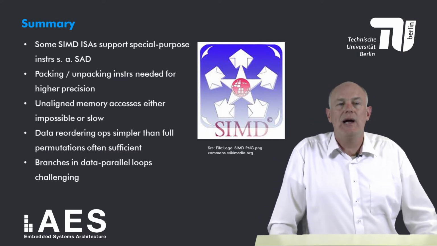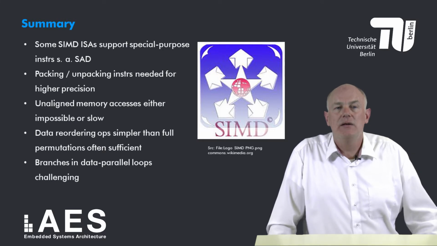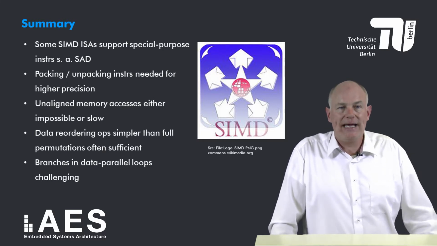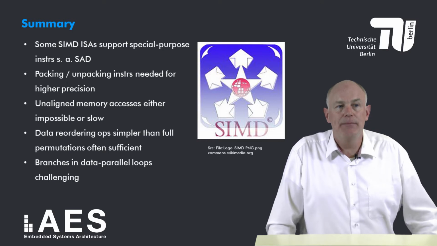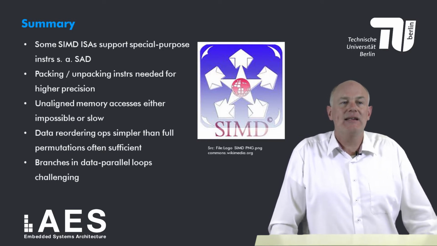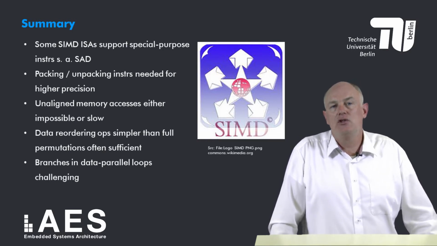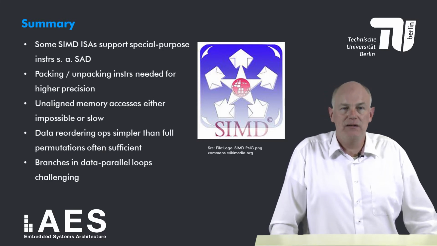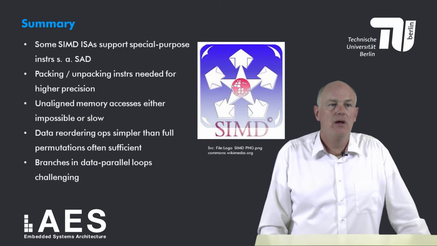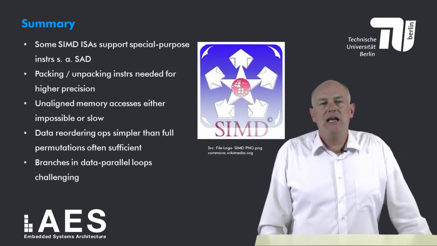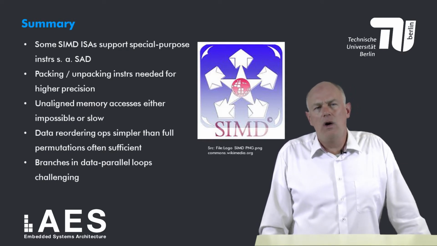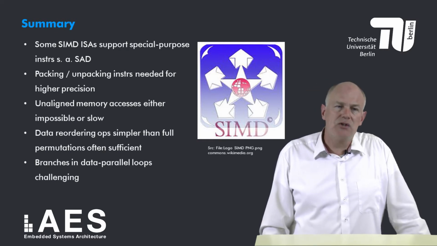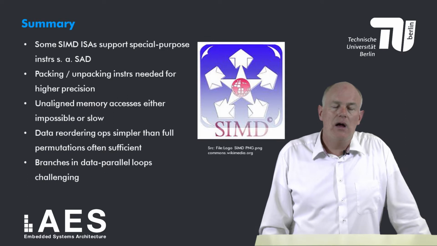Sometimes we require unpacking, data promotion, or packing, data demotion between different data types in order to calculate with higher precision for intermediate results. Some SIMD ISAs allow unaligned memory accesses, but then they are slow. Other SIMD instructions disallow unaligned memory accesses altogether.